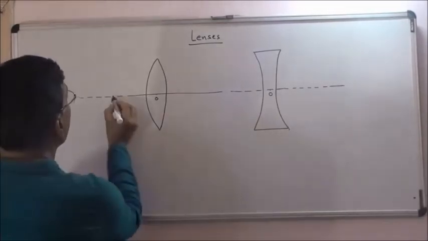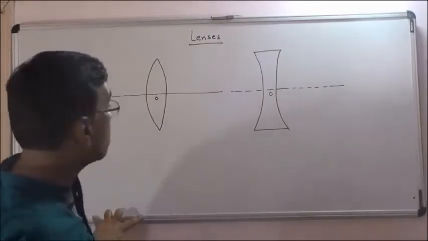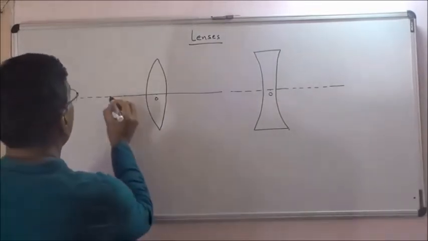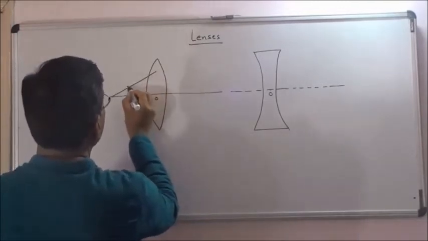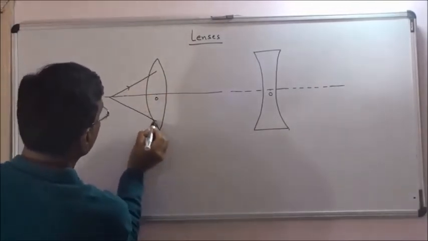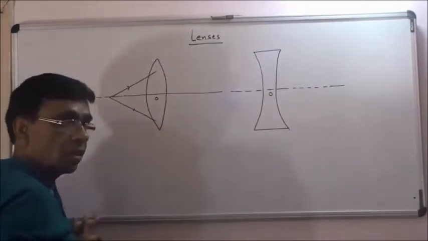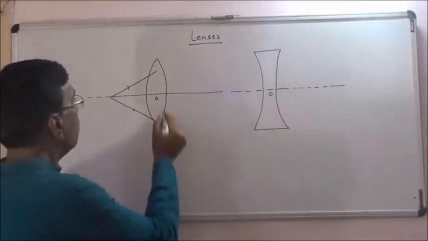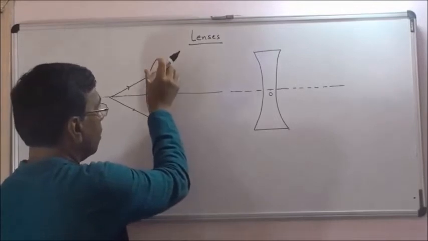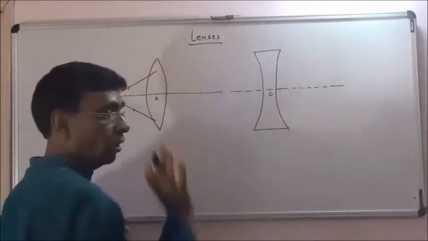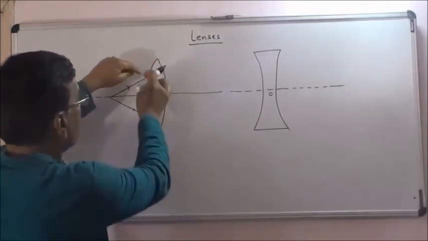And one very important definition is focus. And by focus we mean, see now, instead of showing the refractions on both the surfaces, we'll deal with thin lenses. For all ray diagrams, we will show the refraction only once, and that usually from the central line, instead of showing it at both the surfaces.